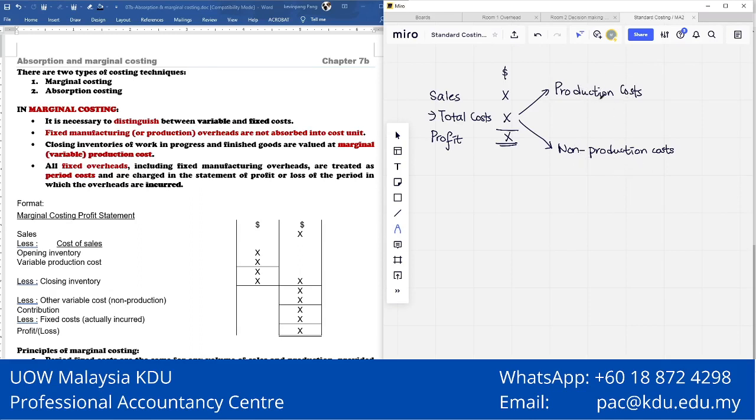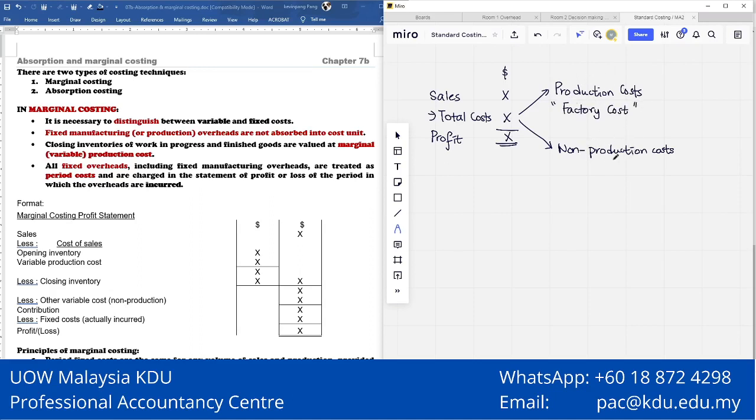Production costs are all the costs incurred in the factory when we do our production. When we convert our raw material to the finished product, the costs incurred in the factory, we call it production cost. That's why we also can call production cost a factory cost.